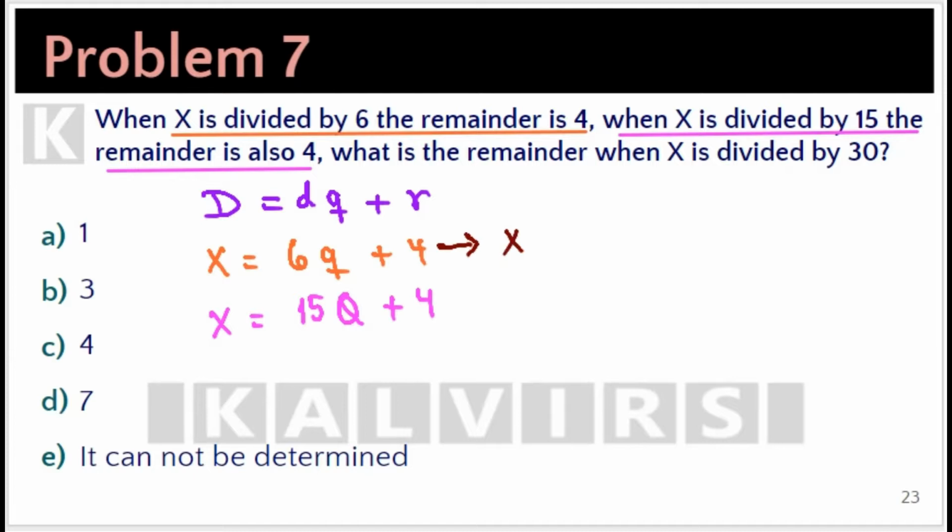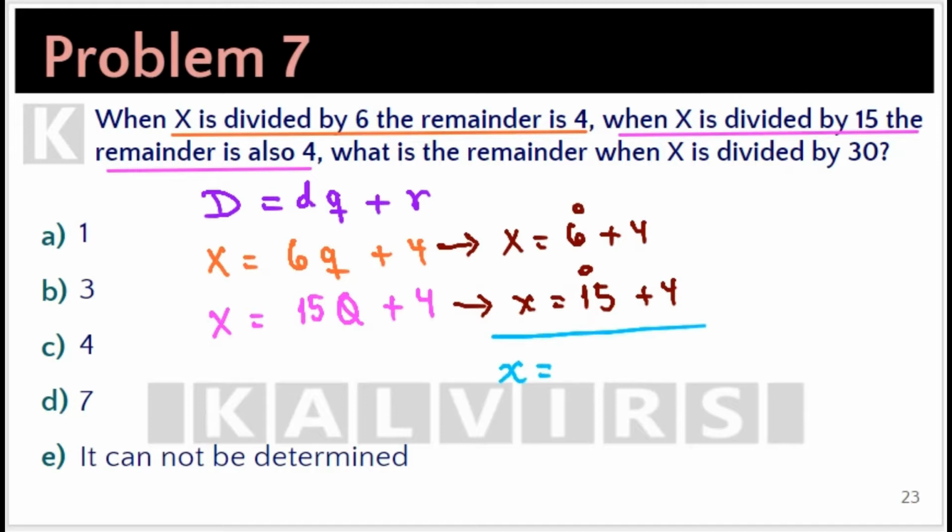Here, as you can see, x is a multiple of 6 plus 4. And also, x is a multiple of 15 plus 4. Therefore, x is a number that is a multiple of 6 and 15 at the same time, plus 4.